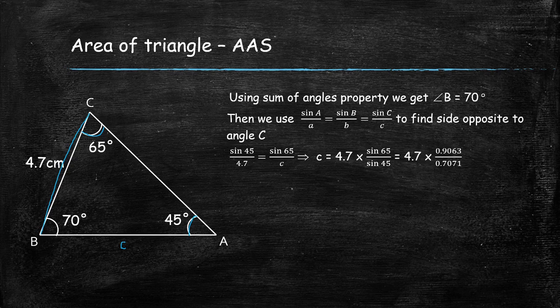If we transpose, we get side c as 4.7 into sine 65 by sine 45, which is 4.7 into 0.9063 upon 0.7071, which is 6 centimeter approx. So c is 6 centimeter.